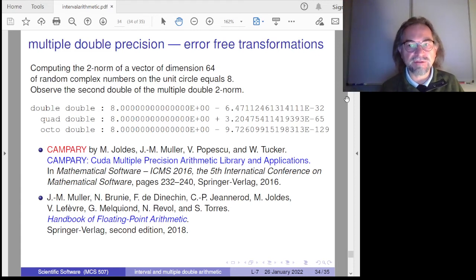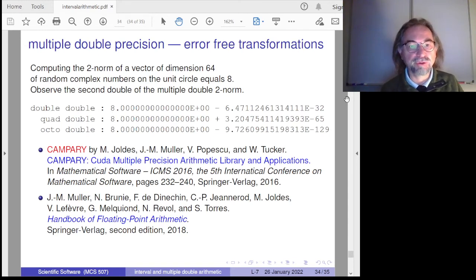So the error-free transformation property, as I learned to appreciate it, is that if the number that you are computing can be represented exactly within the double precision, then your second double, even if you compute with 8 doubles, will show the precision. So in that sense, the precision here for this example also equals accuracy.